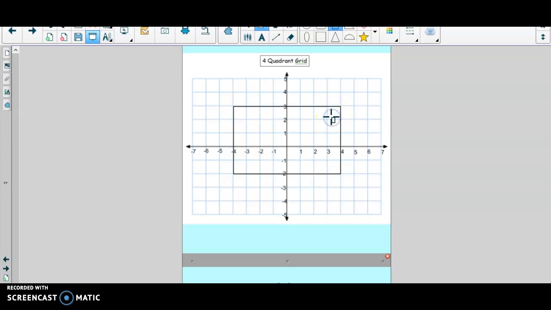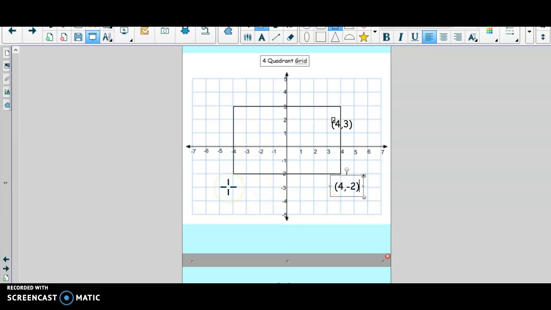So the coordinate is 4, 3. How about this one? Well, we're still 4 along because it's a positive number going right on the x-axis, but we're going down, aren't we? So the coordinate has got to be 4, -2.